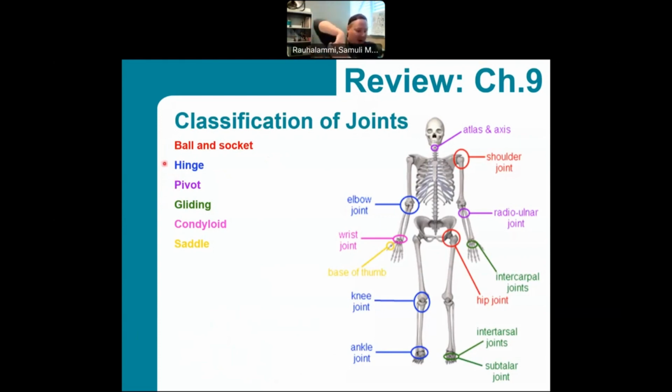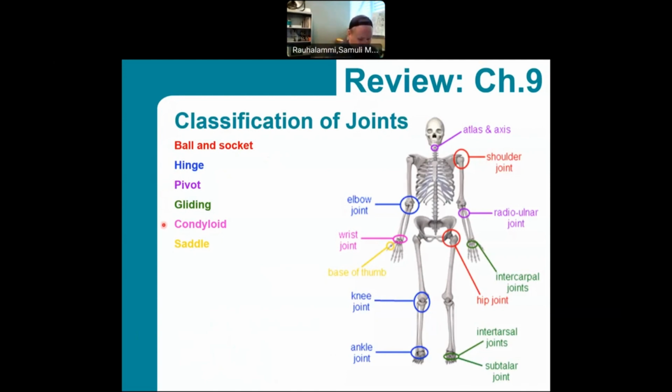These work almost like a door hinge, if you wish to think of it that way. And again, we see these in many, many different parts of the body. When we're talking about pivot joints, I think that they're good ones. What we're seeing there is that one end holds still and then rotates. So that's an example as well.